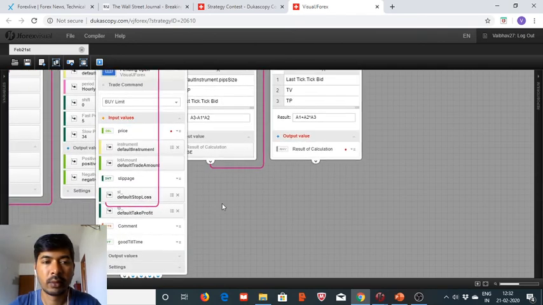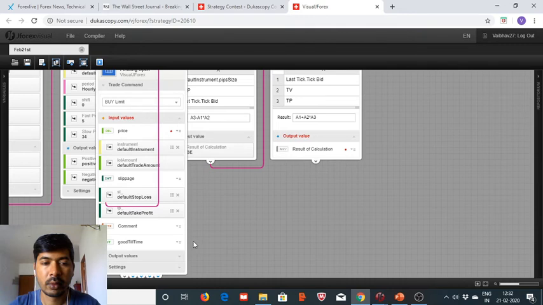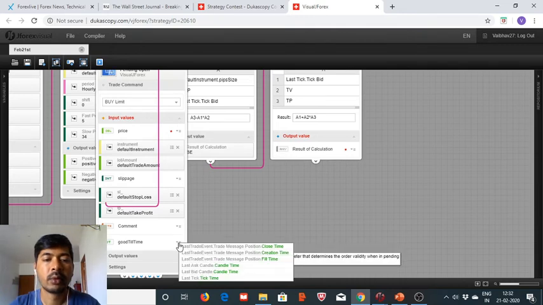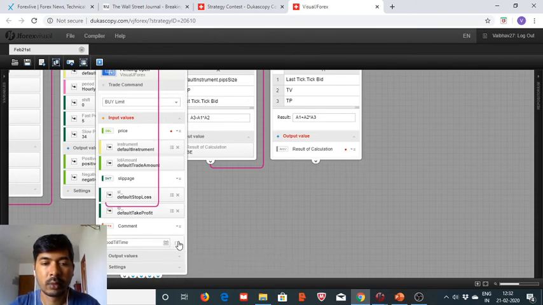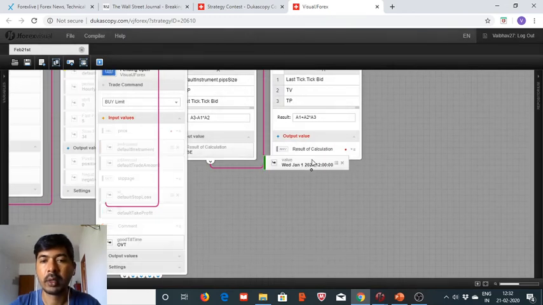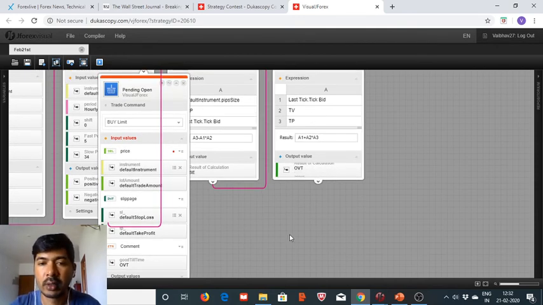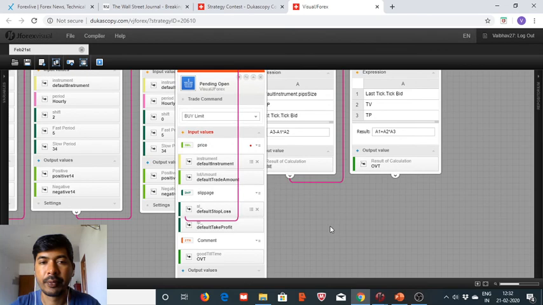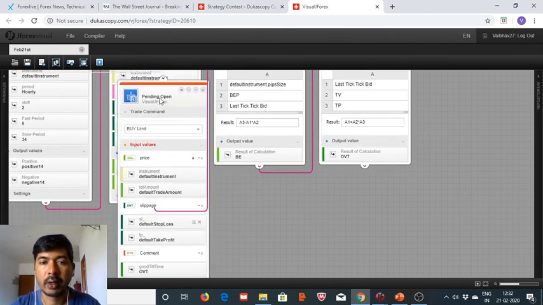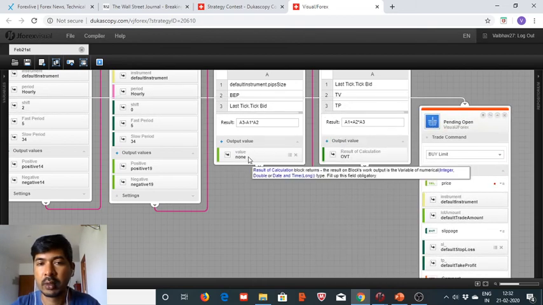We have this good till time, we make it as order validity time and we assign it here. We have got the result of the calculation. So the order now will be valid for 1 hour, and the BE is the buy entry we will put in here.